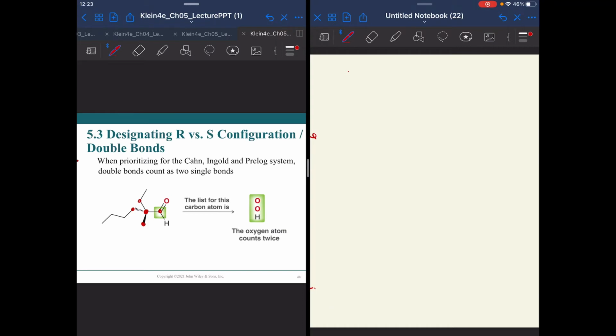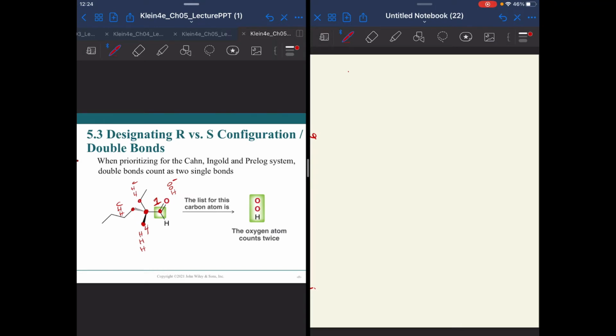So when we are looking at these, we would go, C, H, H, C, H, H. The methyl group down here would be H, H, H. And then this group to the right would be O, O, H. You count both of the bonds out to the oxygen. If it was a triple bond, you'd count it 3 times. Well, the first difference, O wins, so this is 1. All the hydrogens lose if we're just thinking priority, so that's going to be 4.